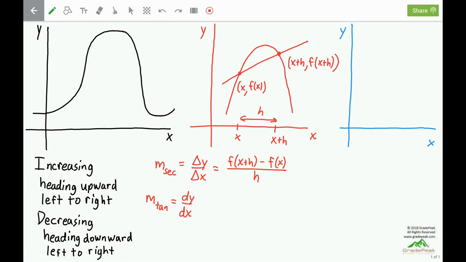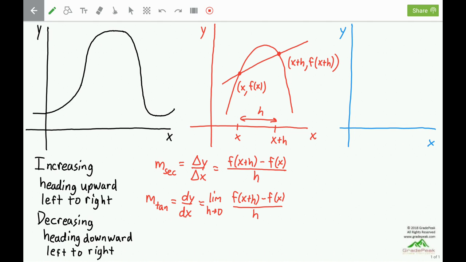And we have a really small change happening for the x and y. It's a small number over small number result. And it's found by taking the limit as we make h go to 0 so that we push the 2 points closer and closer together, of that same expression of the secant slope, just taking the limit as h goes to 0.